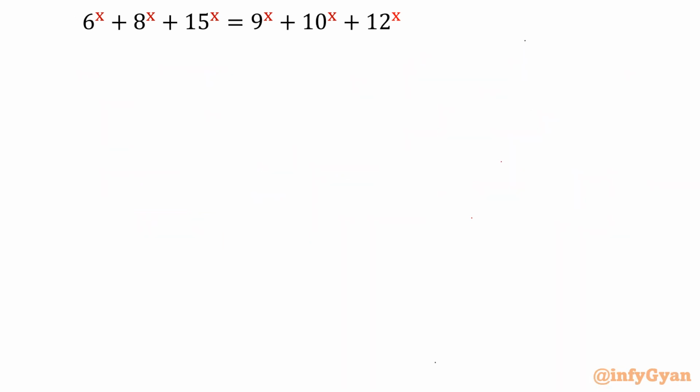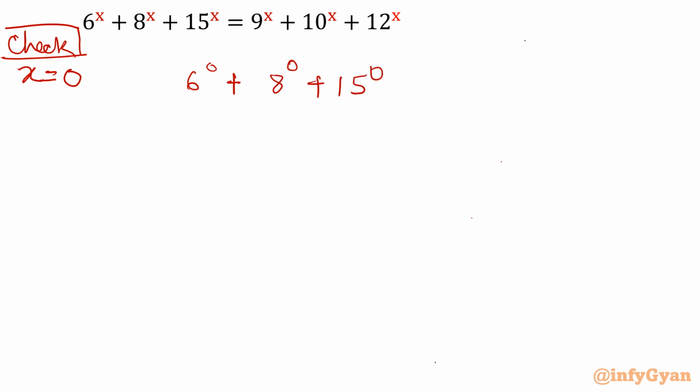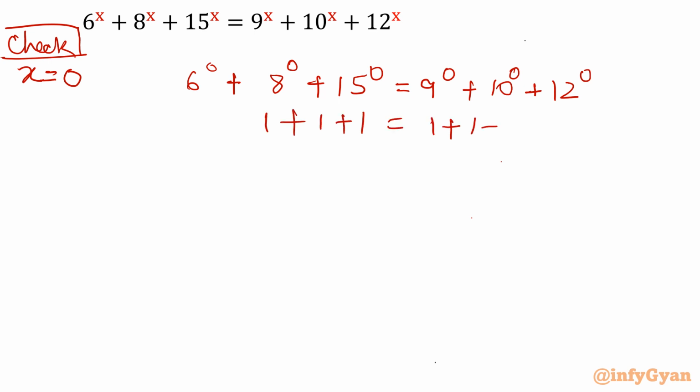So let me put x equal to 0 and x equal to 2. First x equal to 0. The equation will become 6^0 plus 8^0 plus 15^0 equal to 9^0 plus 10^0 plus 12^0. It is obviously true: 1 plus 1 plus 1 equal to 1 plus 1 plus 1, 3 is equal to 3.